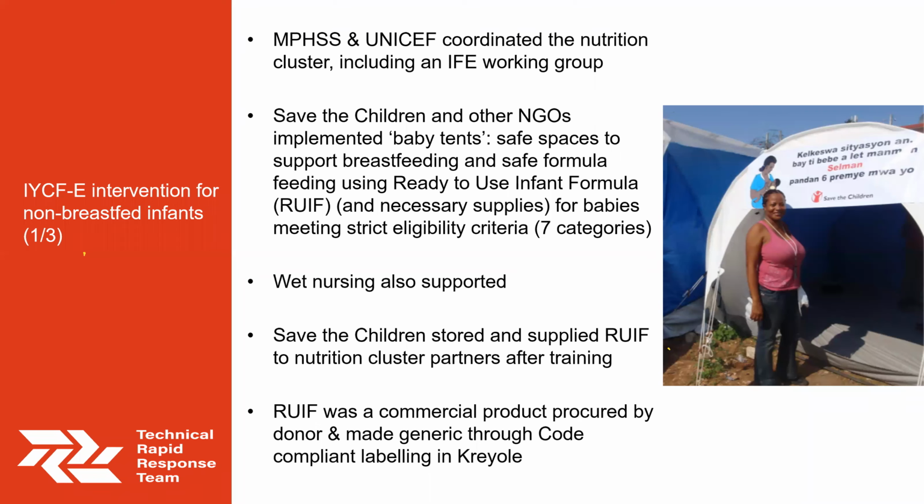Save the Children had a role within the cluster to store and supply the ready-to-use infant formula to nutrition cluster partners after training. That was what I was specifically looking at. And the RUIF was a commercial product procured by one of the donors and made generic through a code-compliant label in Creole, which is the local language.